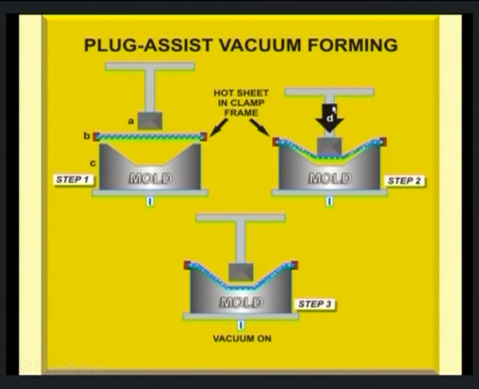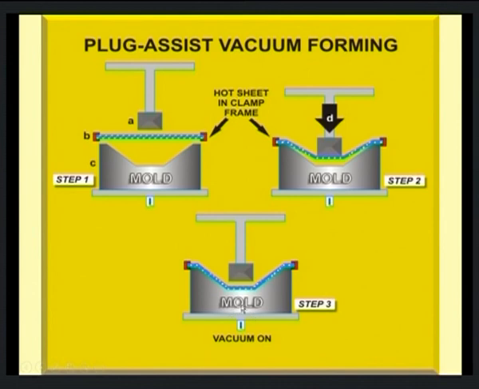In the second step, the mechanical plug moves down and stretches the plastic sheet. The height to which it is to be stretched can be calculated in such a way that it results in superior mechanical strength. In the second stage, stretching takes place.